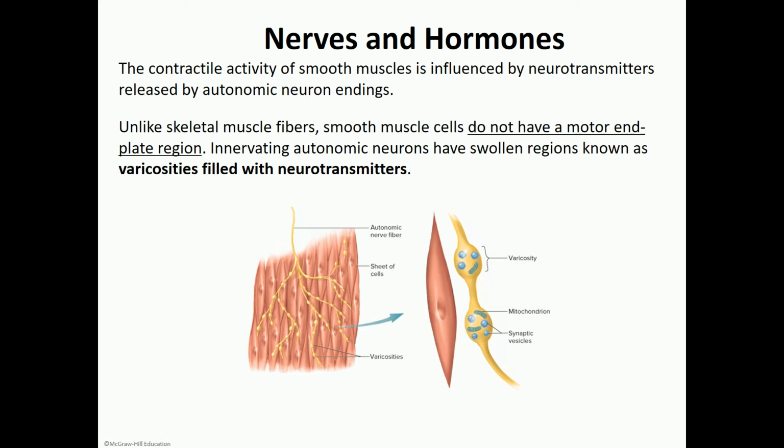They rather have these varicosities, these little swellings. And these varicosities have synaptic vesicles that are also filled with neurotransmitters. These neurotransmitters can vary: either acetylcholine in the parasympathetic or norepinephrine, for example, in the sympathetic nervous system.